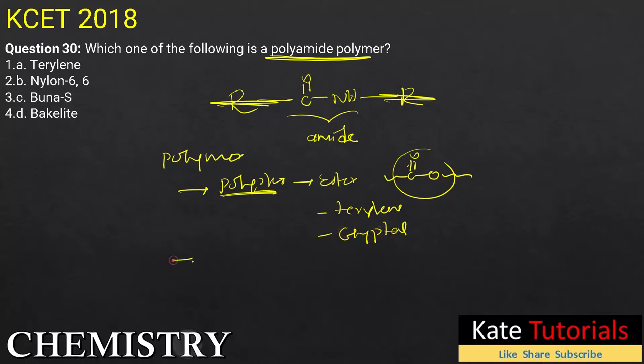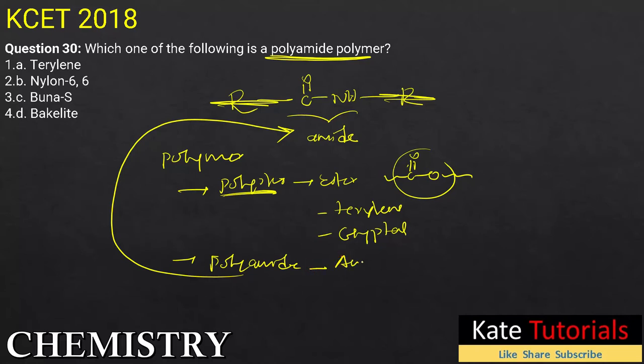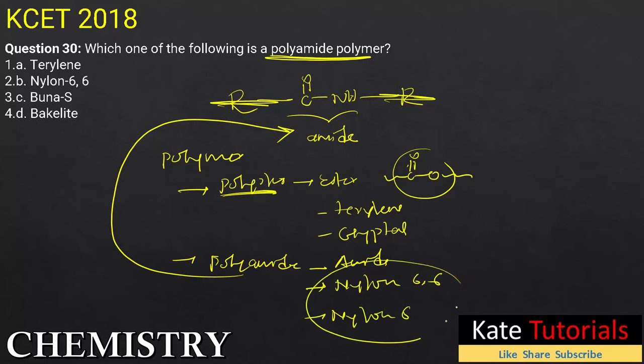Whereas in polyamides, which have the amide linkage as shown above, we discuss two polymers. One is nylon 66 and the other one is nylon 6. These two have the amide linkage. So nylon 66 is the example. In biodegradable polymers we will have both.